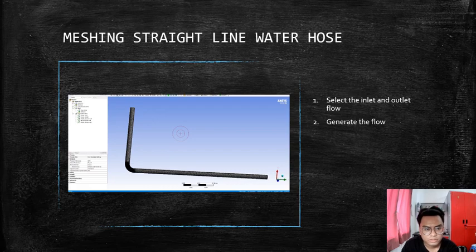After that, we proceed to the meshing process. We need to select the inlet and outlet flow. The 200 millimeter straight line will be our inlet flow, and the 400 millimeter straight line will be our outlet flow. Then we click the generate button to generate the flow.